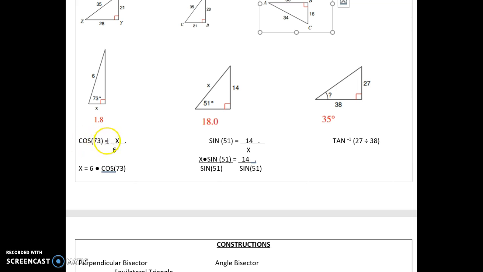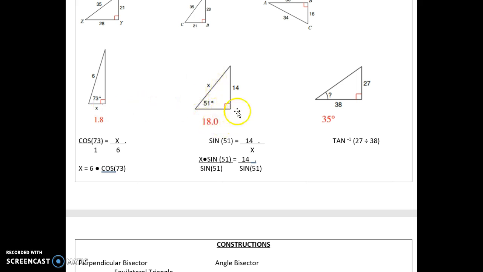Cosine of 73 equals the adjacent over the hypotenuse. And then when we do this, we cross multiply. So we actually put this over 1, and you cross multiply. When you cross multiply, 1 times x is x. Here, you're going to do 6 times the cosine of 73, and in your calculator, you should get 1.8. So this value is 1.8.